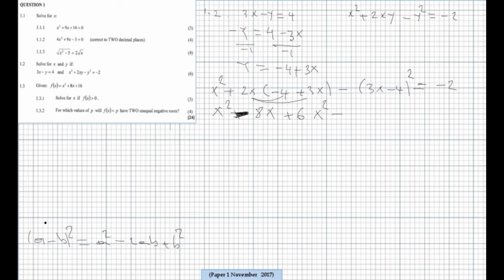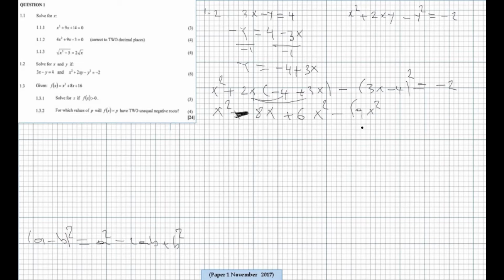As we can see, it has the same form as that one. In that case a is 3x, and b is 4. So we start with a squared. a is 3x. 3x squared gives 9x squared.